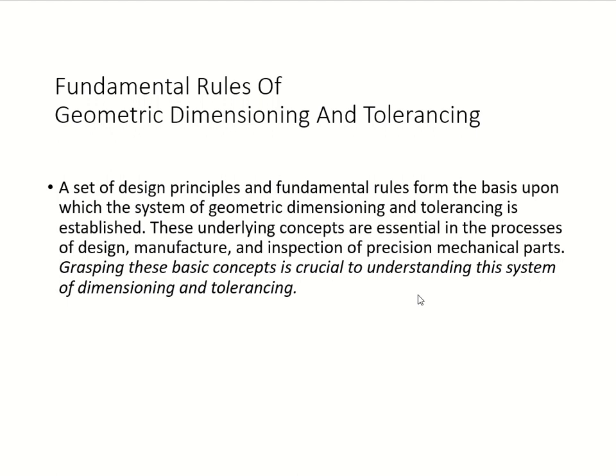So basically, we're just going to go ahead and look at the design principles and also the fundamental rules, because we have to use these concepts, because it's very important in our design process, manufacturing process, inspection process. And also we have to be careful with the precision and mechanical parts, and for that we will definitely use the geometric dimensioning and tolerancing. So let's learn about this system of G, D, and T.